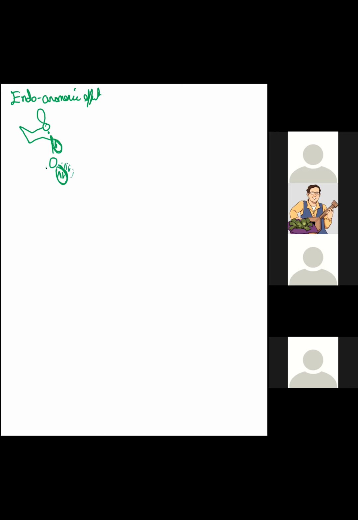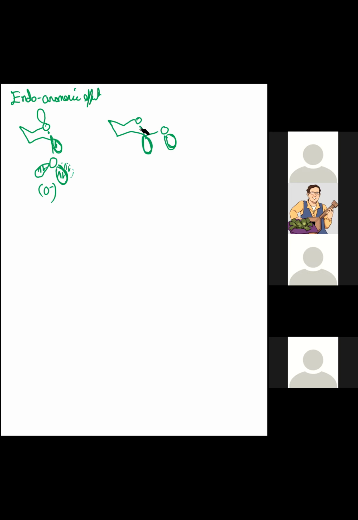And then if this is an O minus, then it's got a third lone pair. And if we have a beta, nothing's stopping the beta also having an orbital that can line up with this antibonding orbital.